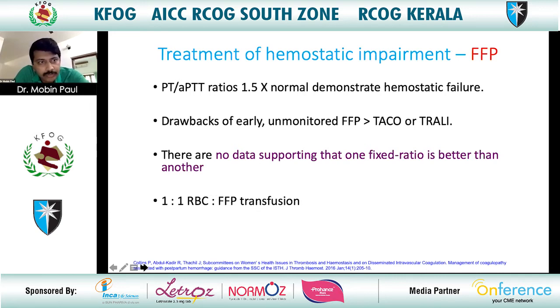We should be very careful these days, with cases happening over this, causing maternal death or all sorts of hospital deaths. There is no clear data supporting a fixed ratio. But as somebody previously suggested, a 1:1 ratio of RBC to FFP is reasonable to prevent dilutional coagulopathy.